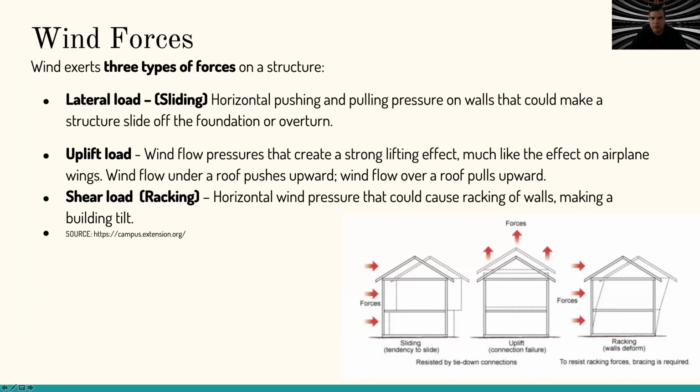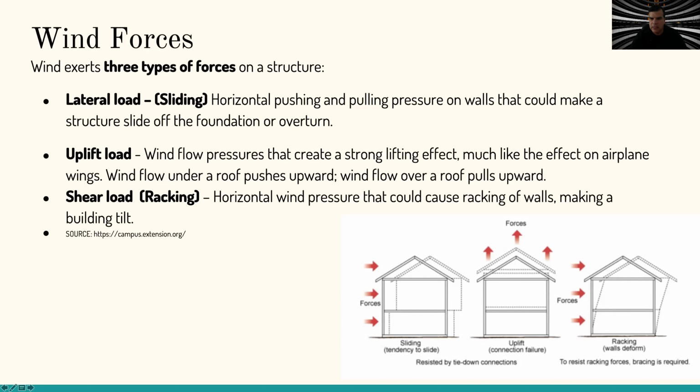And we can look here at some of them. First, there is a lateral load, and this is a sliding. I mean, the building will tend to move, and the foundation will tend to overturn. After, we have an uplift load.